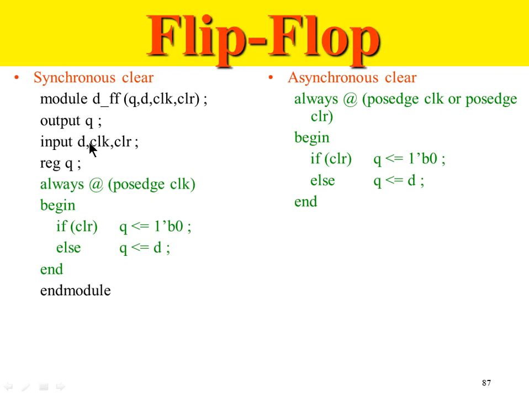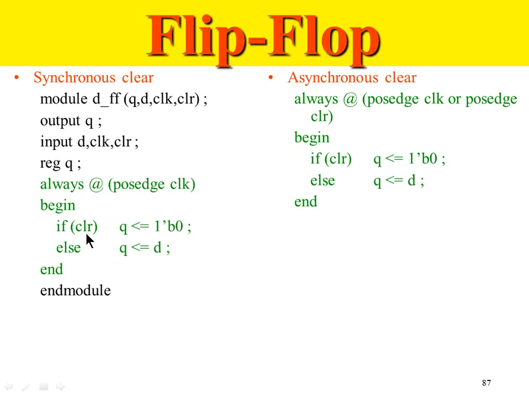D, clock and clear are input ports, single bit. There is a reg called Q with the same name as the output because I'm going to assign it inside the always block. Always @(posedge clock) begin. So only the positive edge of clock will trigger the always block. So this is synchronous logic, synchronous with respect to clock.